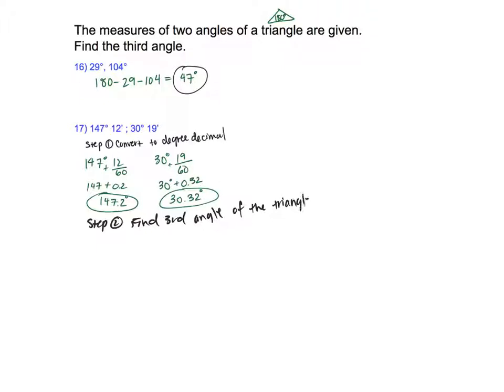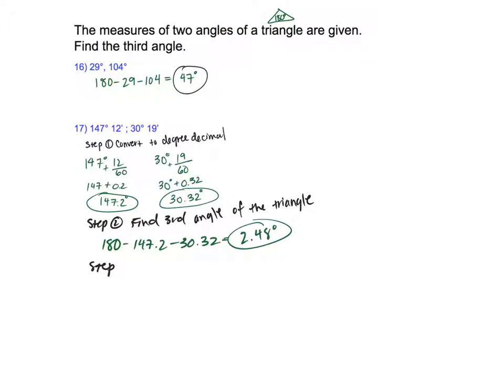That would just be 180 minus 147.2 minus 30.32, which is going to be 2.48 degrees, right? So now I have the third angle.